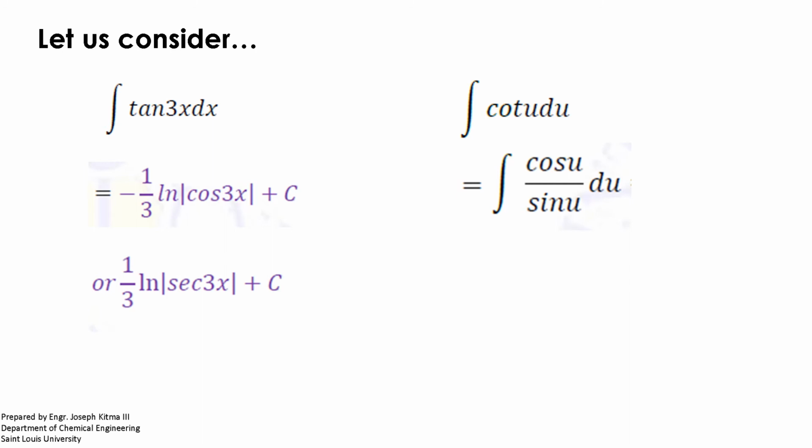If we take the differential of the entire denominator, which is sine u, its differential is actually cosine u du. And we found that it is already in the numerator, which is cosine u du. So we could simply take its integral. That will be the ln of sine u plus c.